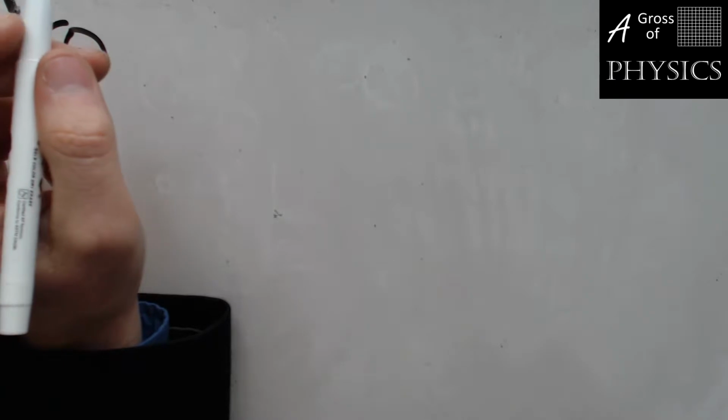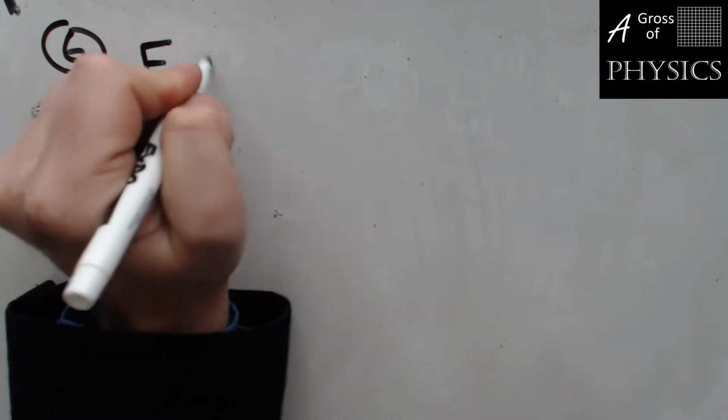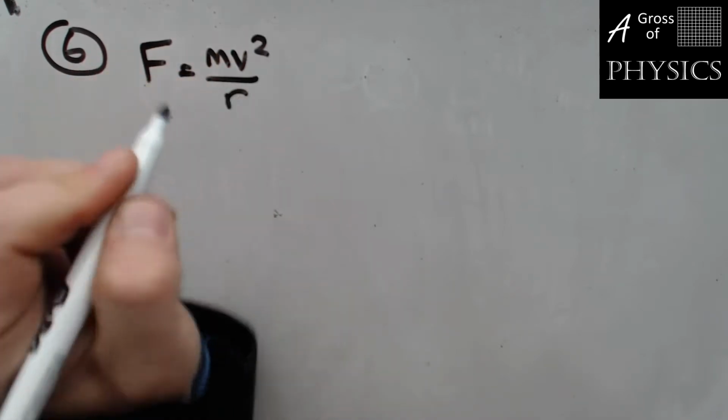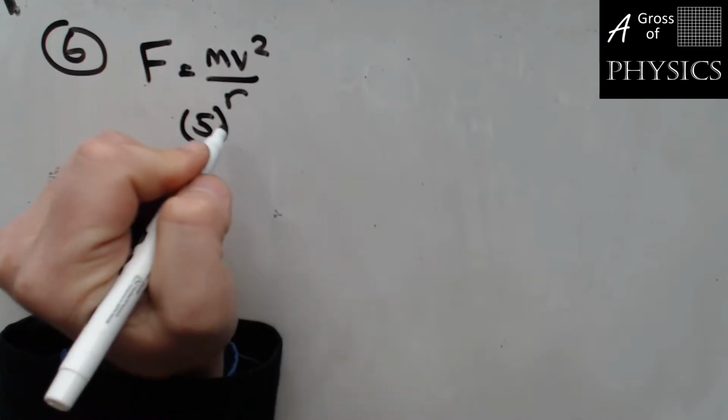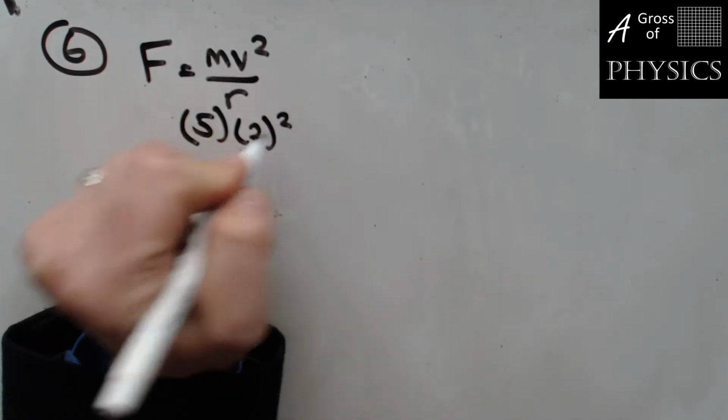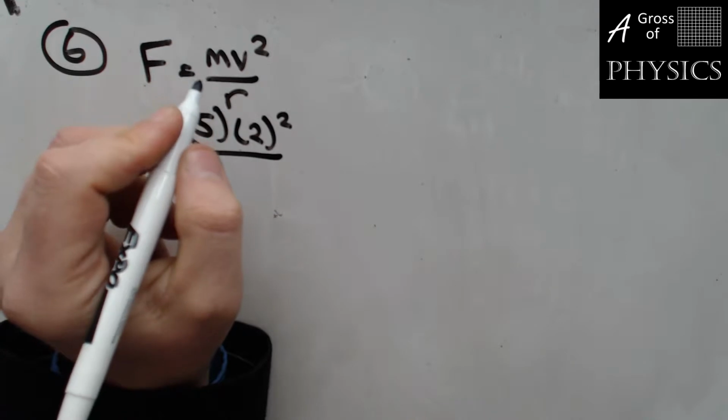All right, number 6. We have a bucket being swung in a horizontal circle of radius 0.7. What's the magnitude of the centripetal force? Well, the equation is mv squared over r, 5 times 2 squared over 0.7.